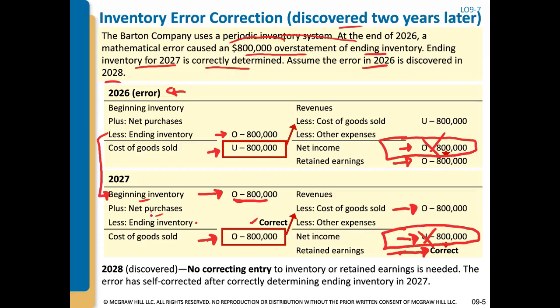So what do you do in 2028? Well, there is nothing to do in 2028. Our ending inventory, we're told, is the correct amount, and our retained earnings ended up being the correct amount too. So there's nothing to adjust. When you have an error that's discovered years later, whether it's 2 years, 3 years, then the error will self-correct.